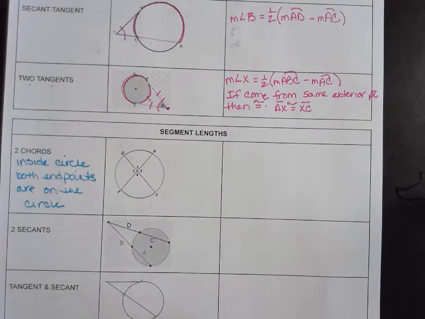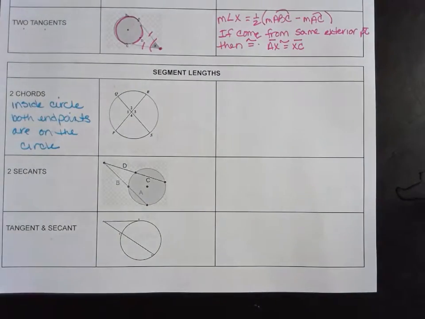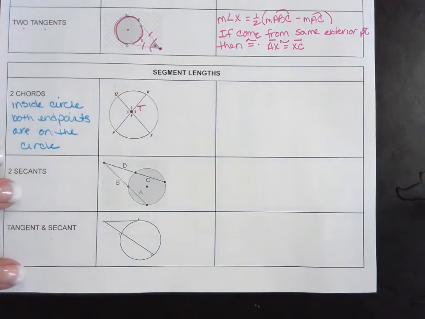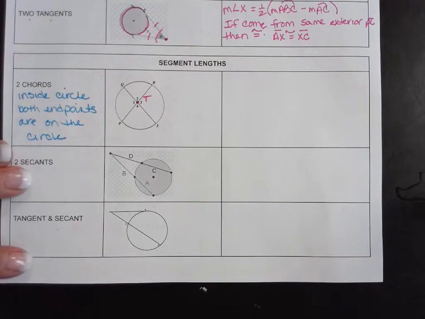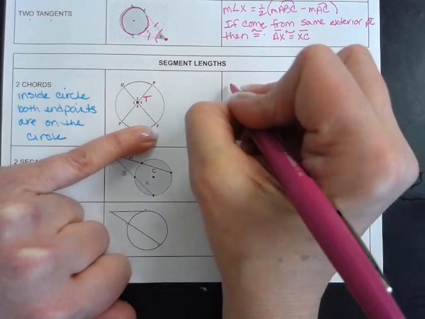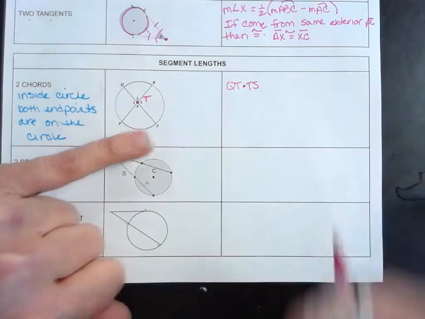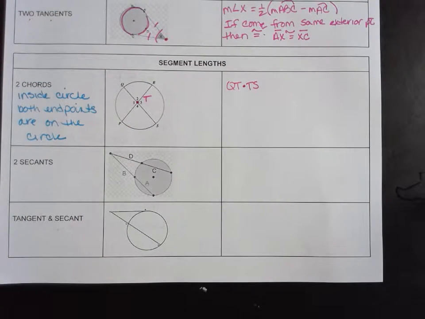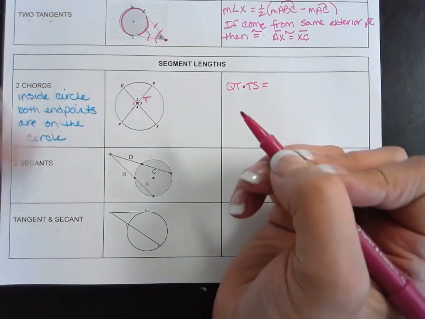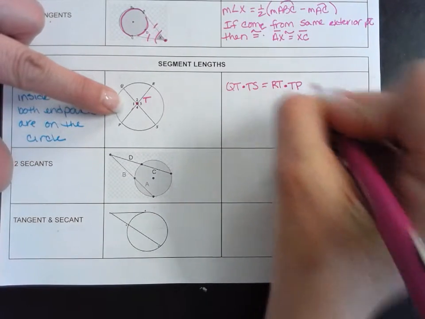Okay. And to find segment lengths, you can set up a proportion. If I make this circle T, I multiply one side, so QT times TS, and set that equal to the multiplication of the other chord, so RT times TP.